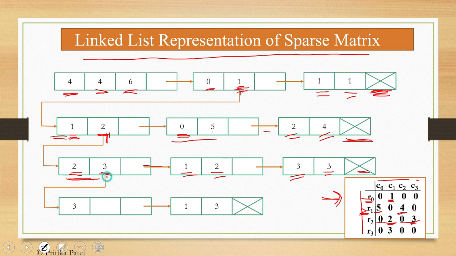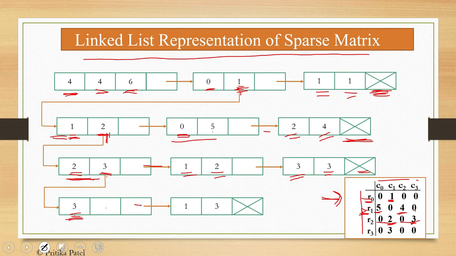Now see, this is the row node with row number 3. We have no other row, so the pointer to the next row has no value, and it points to the next column.